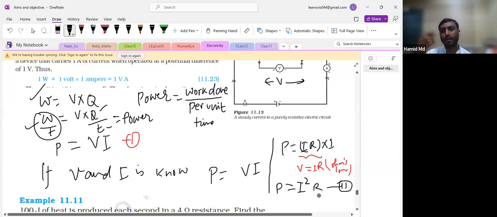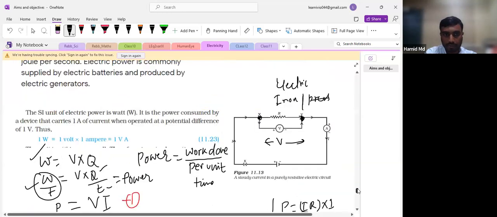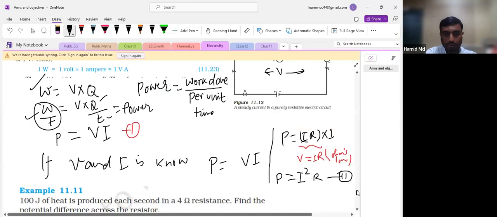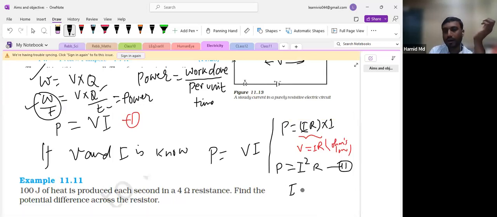Clear? Now we may change I into another relation. If we have I and R, so in the question current and resistance are given, we will use this equation number 2, right?